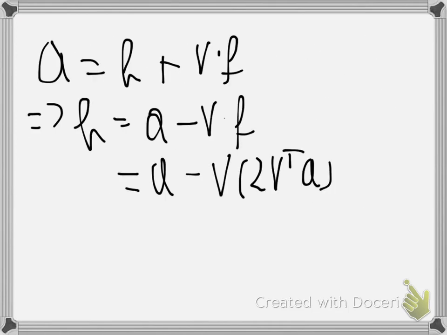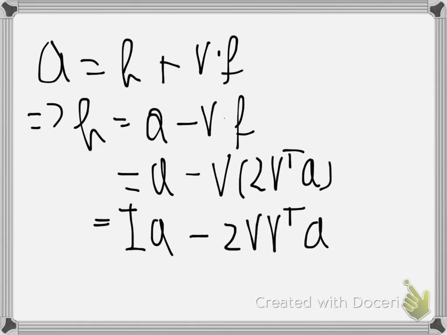So it's F. And A is a vector. So we can put the identity matrix before it. You can multiply it by the identity matrix. It won't change anything. It's like if you multiply by 1. And we can rearrange the second part. We can take the 2 in front, then times V transpose A. Okay, and then we can take out the A.